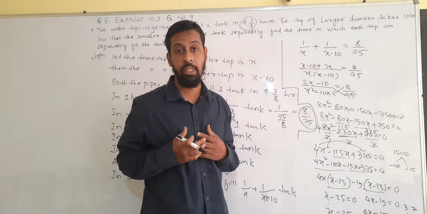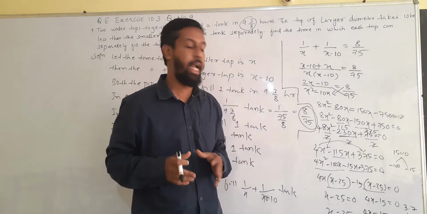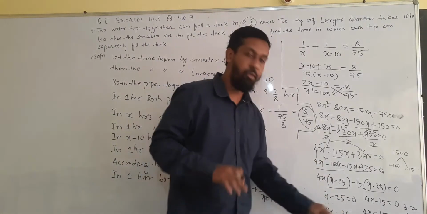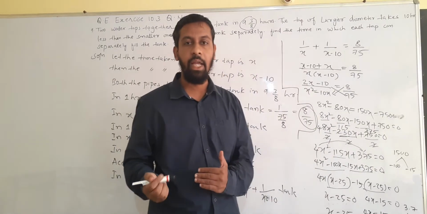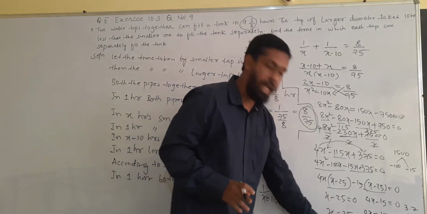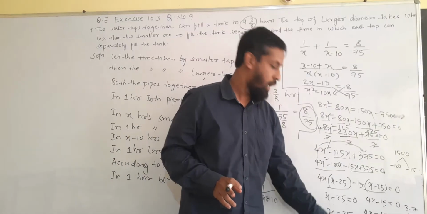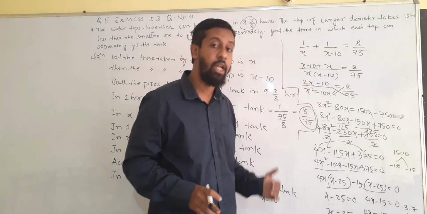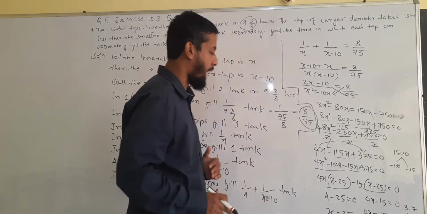That we have to decide. Here both values are positive. If one is positive and the other negative, we will neglect the negative one and take the positive value as the answer. Here both are positive, so we have to think which one is correct.